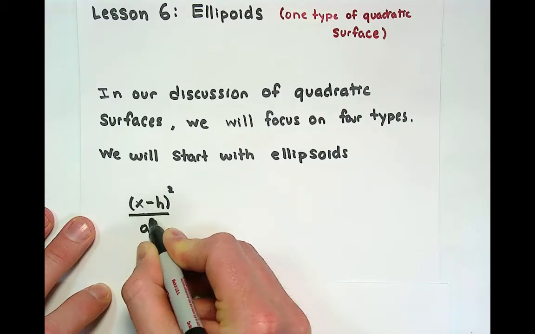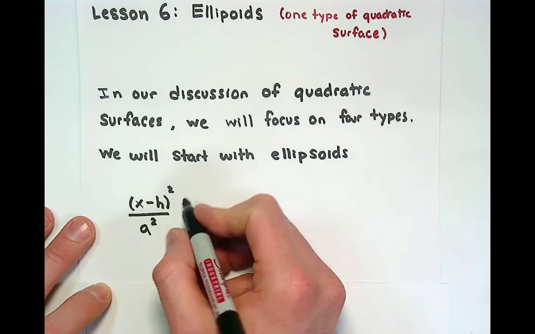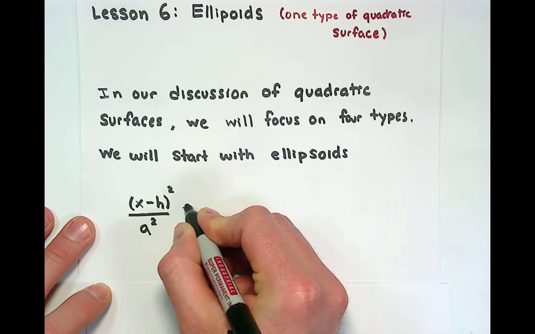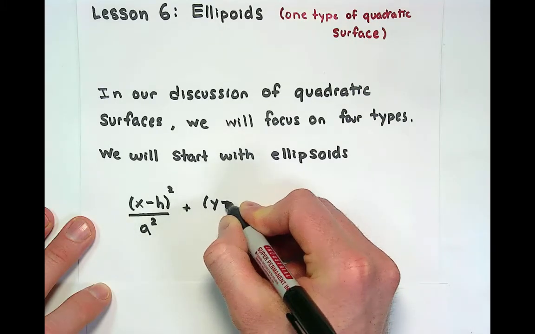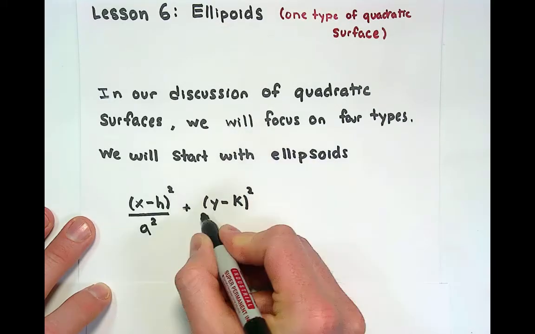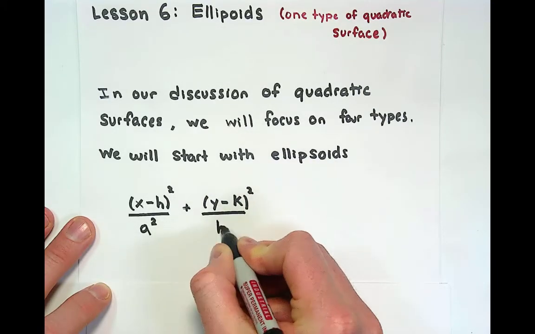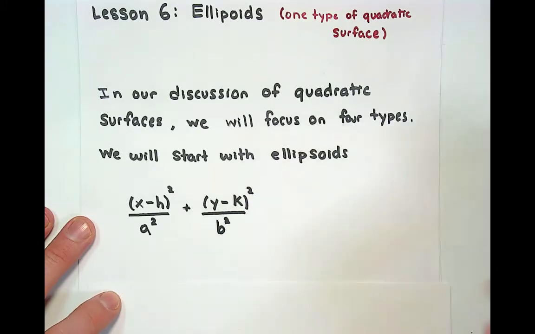So in this case, we would say that an ellipse would be x minus h squared divided by a squared is the x component of the ellipse equation. And then we have y minus k squared divided by b squared. And then could you guess what the third component is?